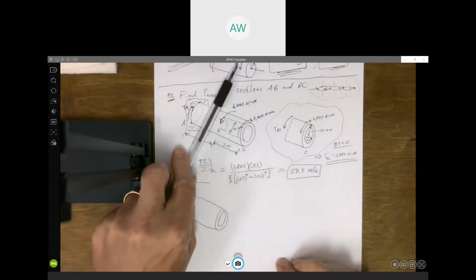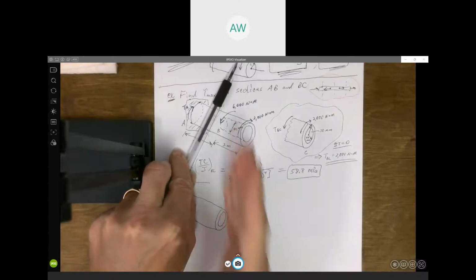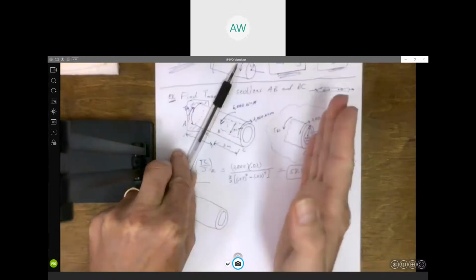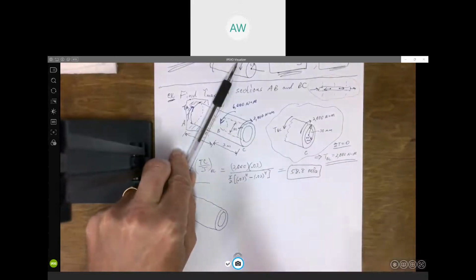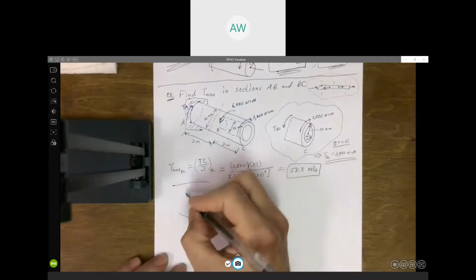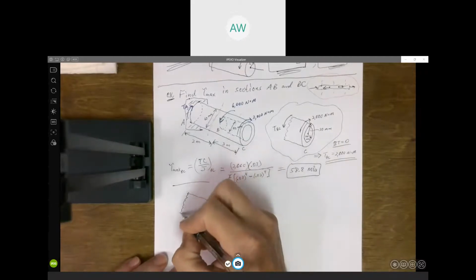So if we cut it here between A and B, I'm drawing the free body diagram of everything to the right. I have to go all the way to the end. Can't just take a little piece out of the middle. But that's where we're going to cut it.